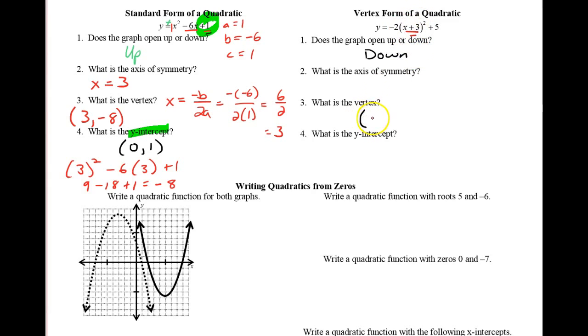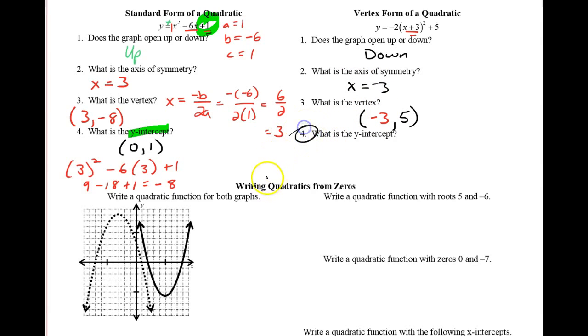If x is the opposite, that's -3. That -3 is what makes the inside 0. The number on the outside is my y value of the vertex. So my vertex is at (-3, 5). Now the axis of symmetry is the vertical line that goes through it, so that'd be x equals -3.